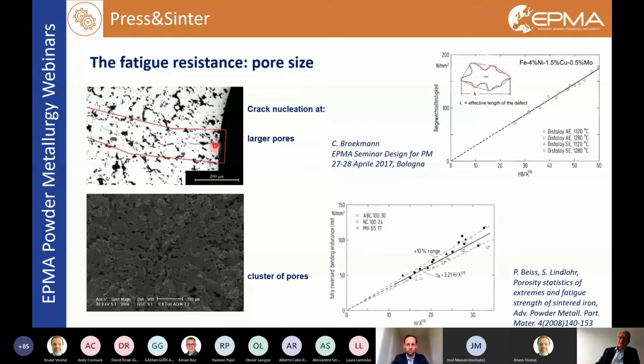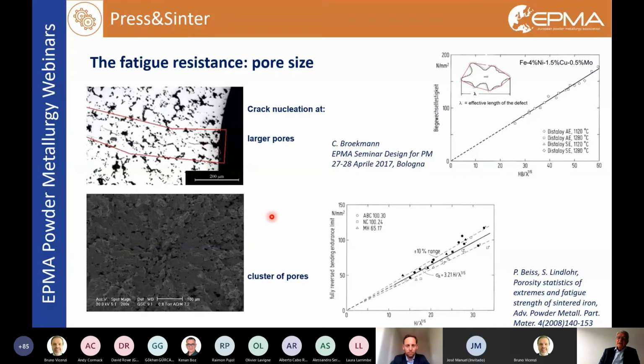We know that crack nucleation occurs mostly in correspondence of the larger pores. We may also observe the crack nucleation in correspondence of a cluster of pores, but this is less common. What is most likely is that the crack nucleates in correspondence of the larger pores on the surface.